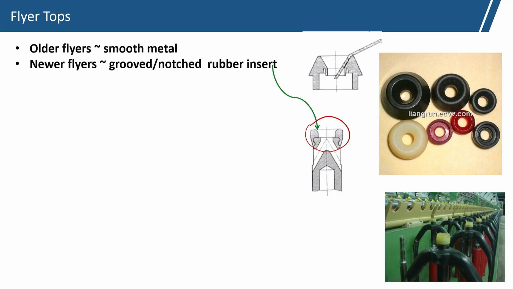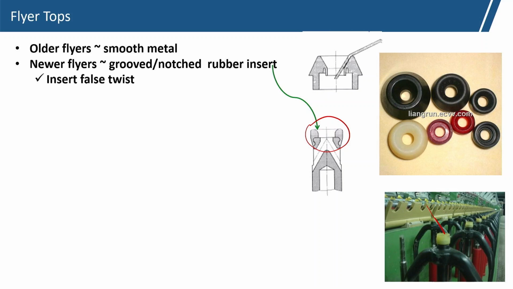False twist means it will have the higher twist in the unsupported zone, that is between the front roller nip and the flat top. In that zone you will have higher twist, but ultimately in roving the twist will be cancelled out, it will be normal twist.